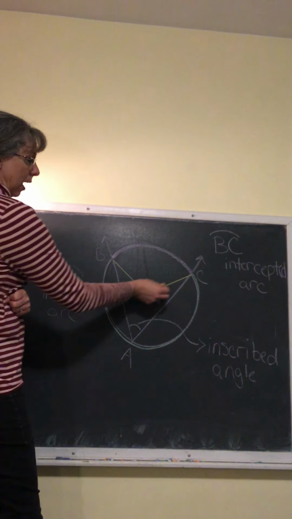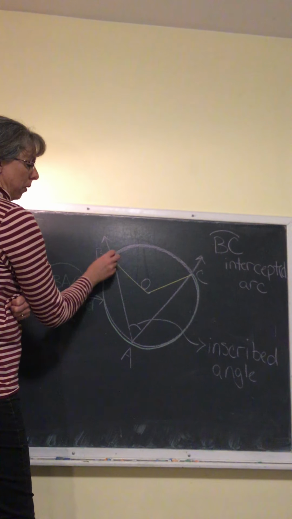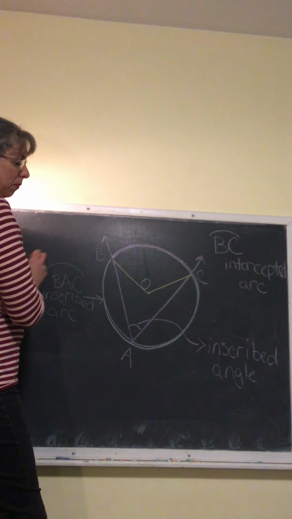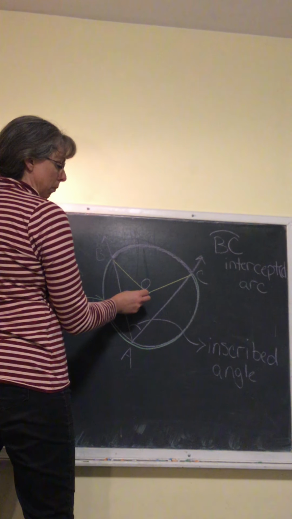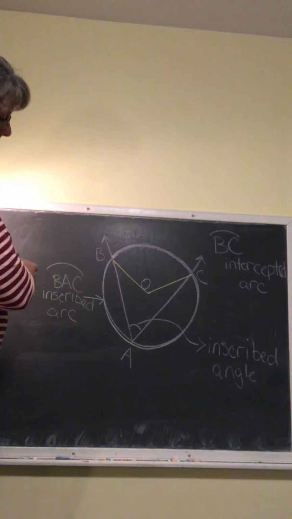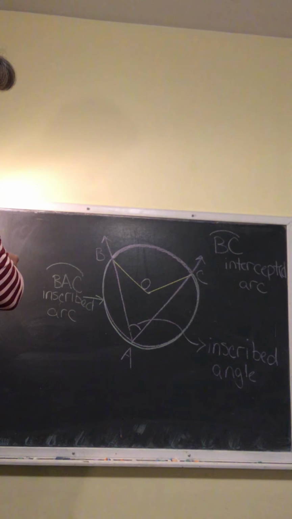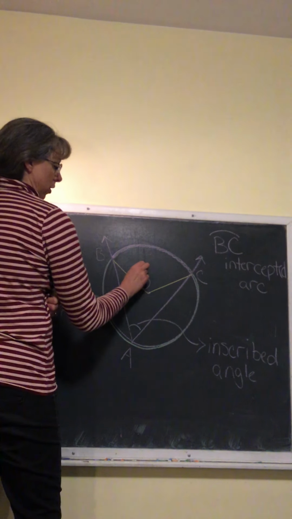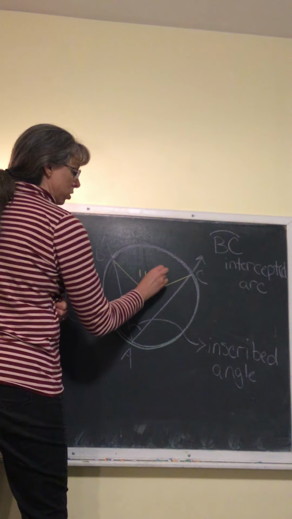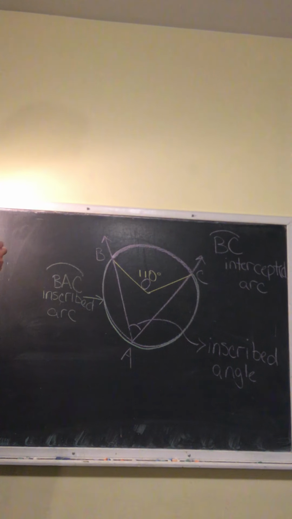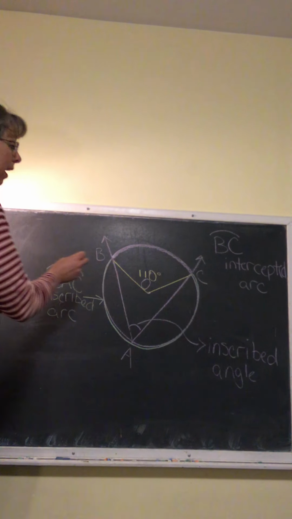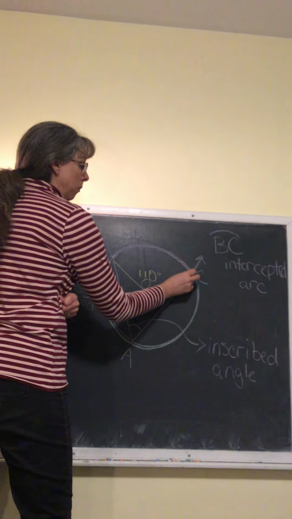So let's say approximately, how big is this angle, angle BOC? It might be 100 degrees. It's bigger than 90 degrees, but it's not a lot bigger. It might be as big as 120 degrees. Let's call it 110 degrees, just for argument's sake. If that's 110 degrees, then how big is arc BC?